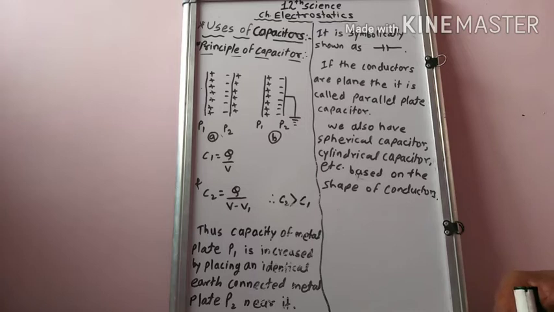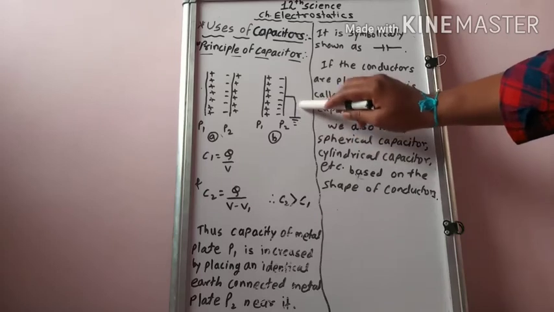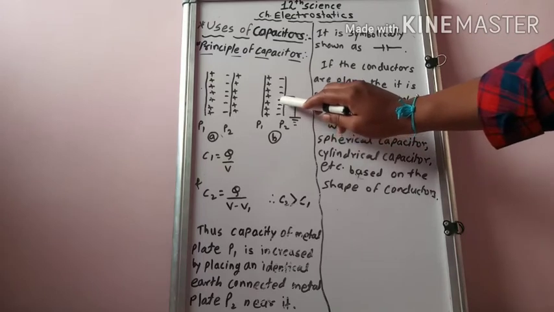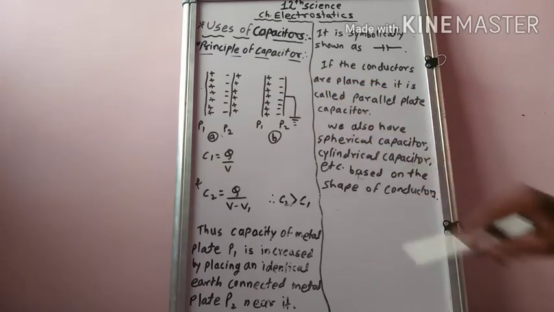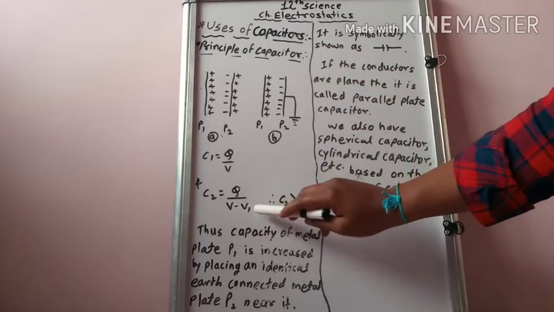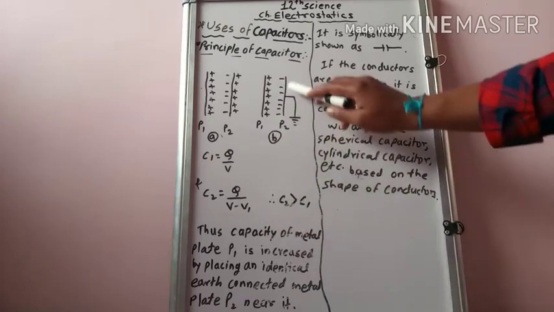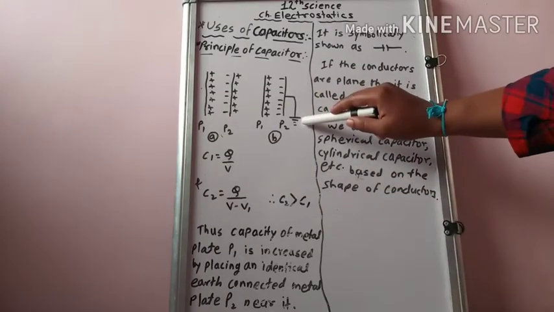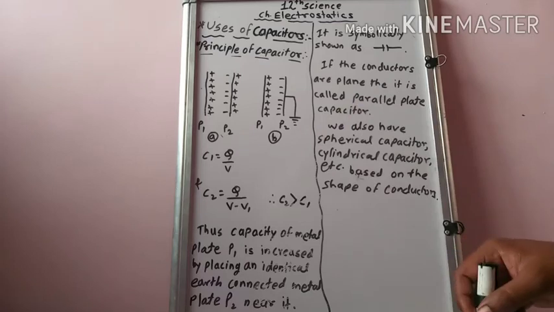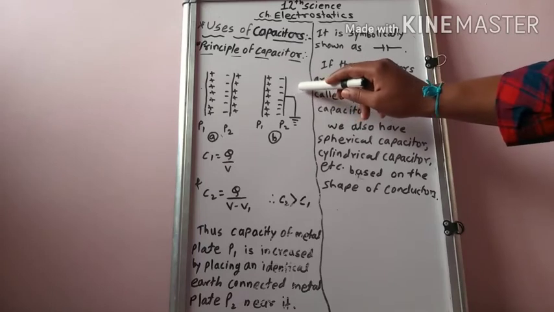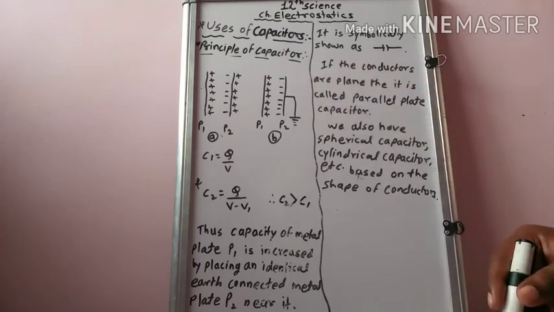Suppose V1 is the potential on plate P2 due to the charge negative Q. Then the net potential of the whole system is V minus V1, because the potential of plate P1 is capital V and the potential of P2 is V1, but the other face is connected to earth, so the potential on plate P2 is minus V1.